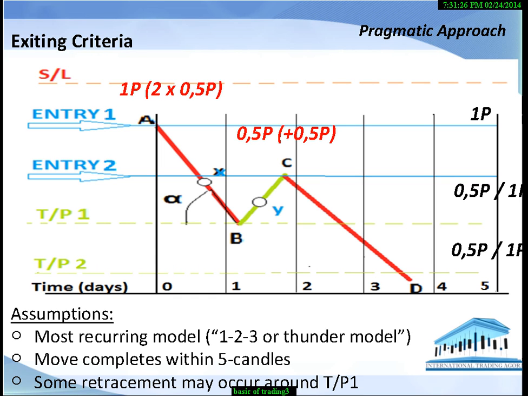So here's the concept. The concept is basically the very recurring model 1, 2, 3. There is one direction, one strong move in our direction, then a small pullback, and then the move again, the final move.